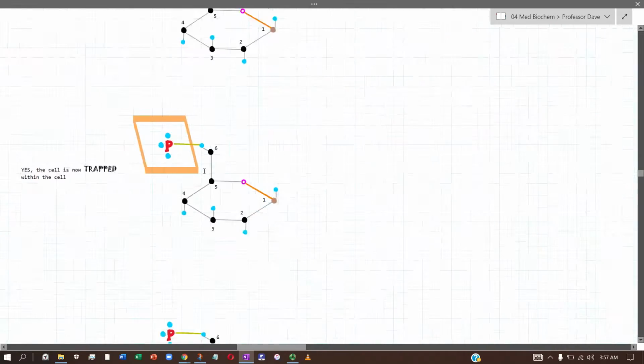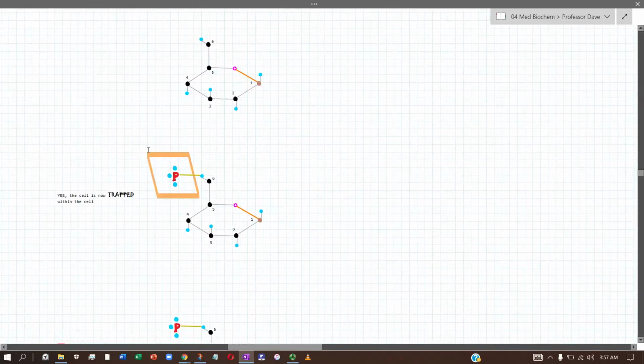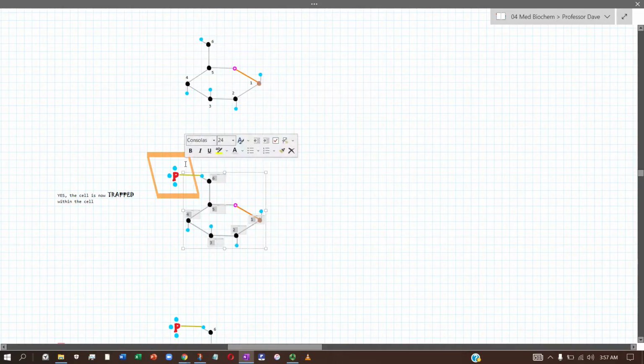So the first thing that happens, some enzyme performs chemistry. A lot of these drawings are identical from the top down to the bottom so that we can see well what got added, what got taken off.